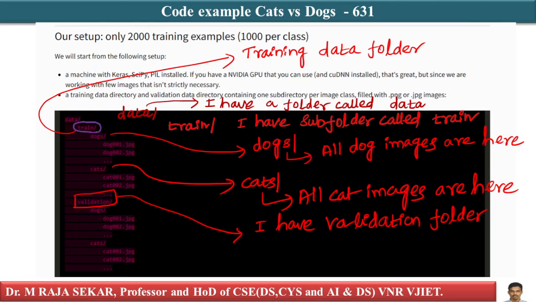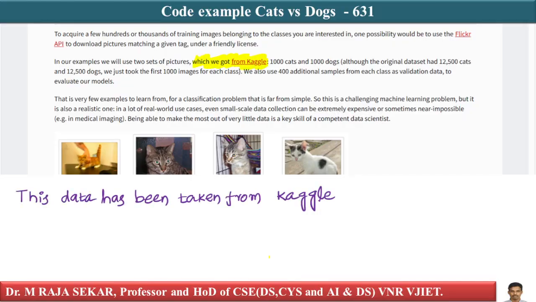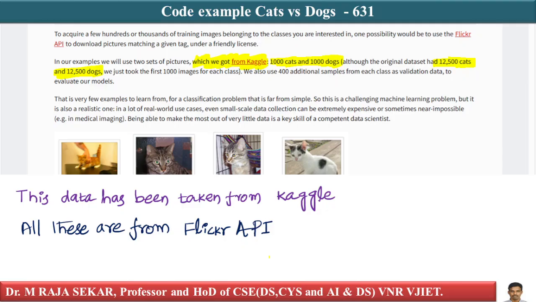This data has been taken from Kaggle. Even though Kaggle has 12,500 cat images and 12,500 dog images, we will just use 1000 cat images and 1000 dog images. All these have been gotten from the Flickr API.